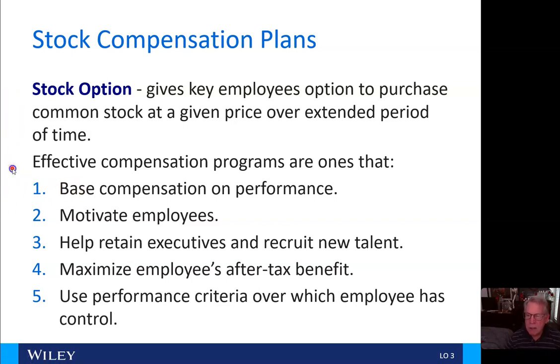The effective compensation programs are ones that base compensation on performance, help motivate our employees, help retain our key executives, as well as recruit new talent, maximize the employee's after-tax benefit, and use performance criteria over which the employee has control.